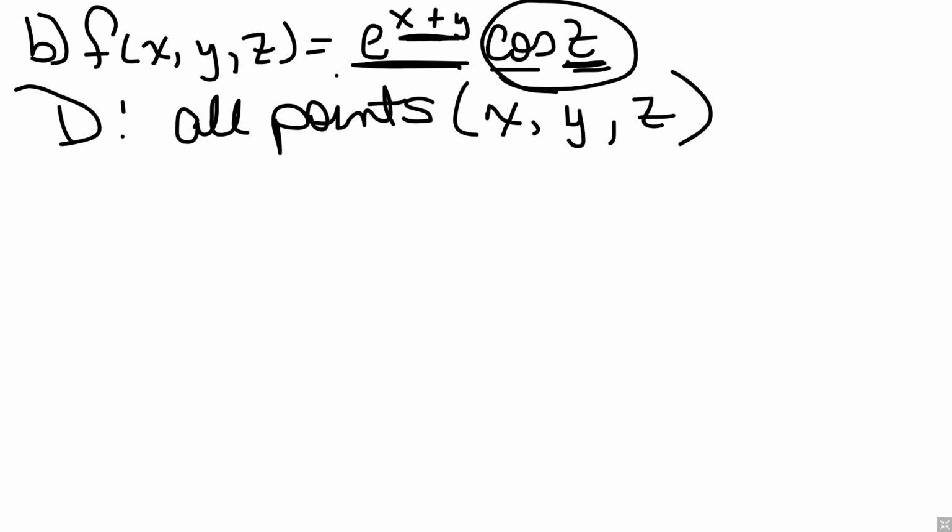Like the cosine inverse, we do have restrictions, but for just regular cosine, there are no restrictions. Any questions?